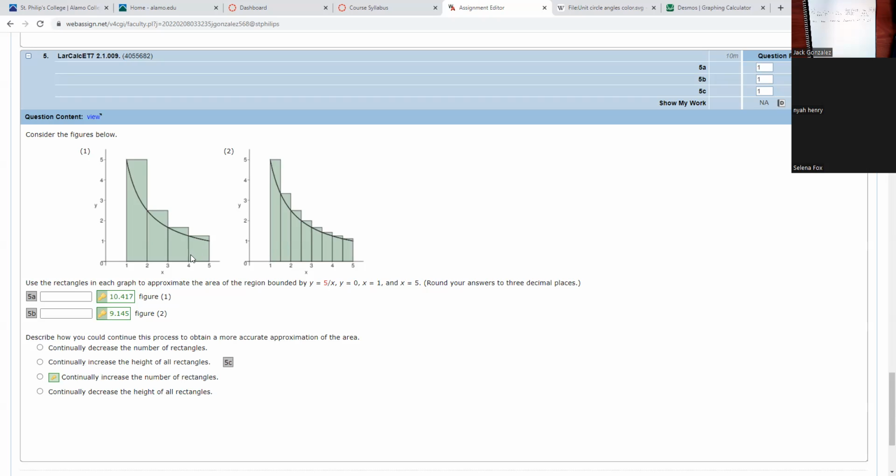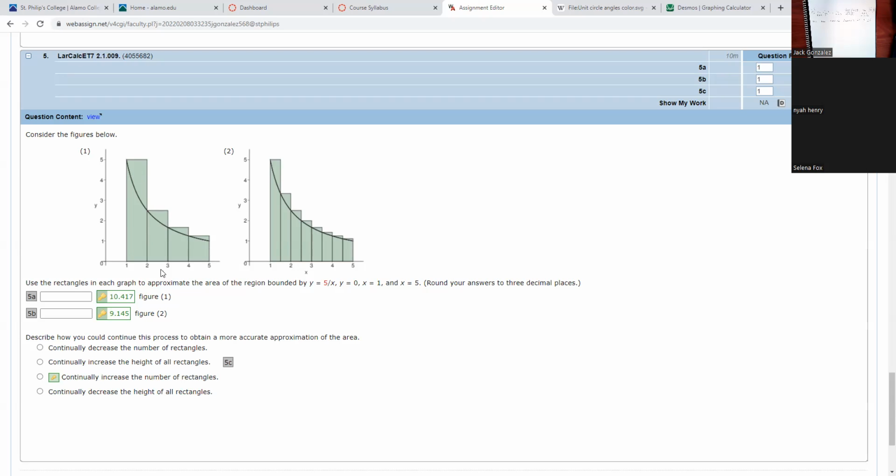So basically you're finding the area of each rectangle, just doing base times height. But the height is determined by this function here. See what I mean? So you plug in the number 1 and you get a height of 5.